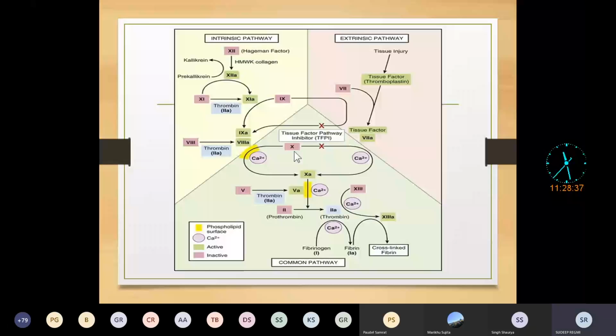Here you can see the extrinsic pathway. Whenever there is an injury, there will be exposure of the tissue factor, which is also known as thromboplastin. Due to this cofactor, factor 7 will be changed into activated factor 7.